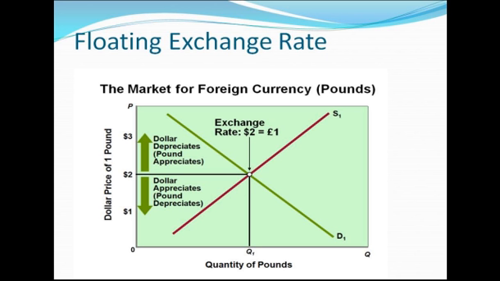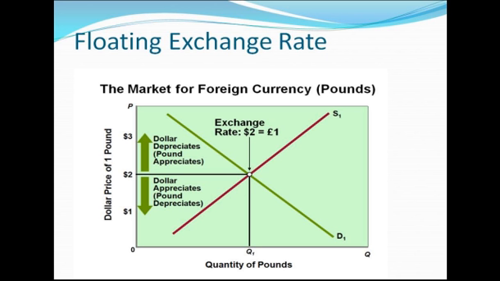Who are the players in this market? The suppliers will be British importers and American exporters. They are selling the British pound. Who is the demand in this market? It will be American importers and British exporters.